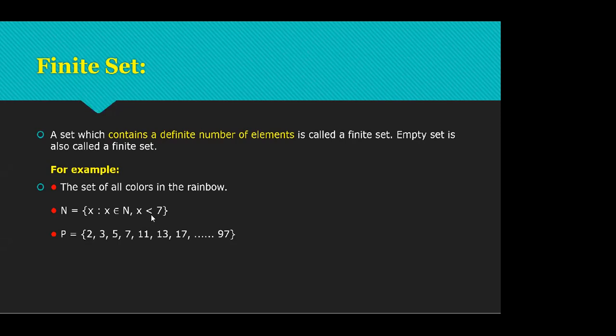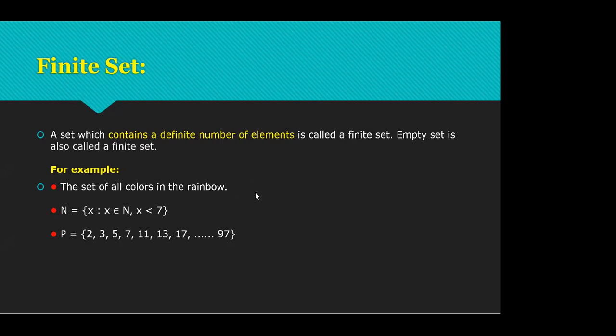Okay. There you would encounter the resistor color coding, which is similar to the rainbow color. So for this, let's move on with the finite set. The set of all colors in the rainbow is 7. So it is finite.